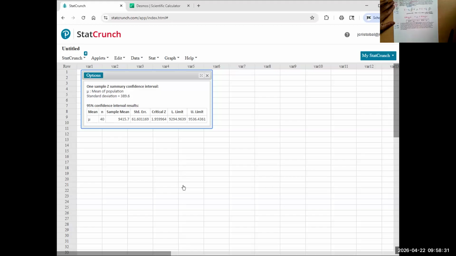The researcher surveyed 50 theme park guests. So there's our n, 50 guests, and found that the mean amount spent for that sample was $76. So there's our x bar, $76. Right, whole dollars there, no change.